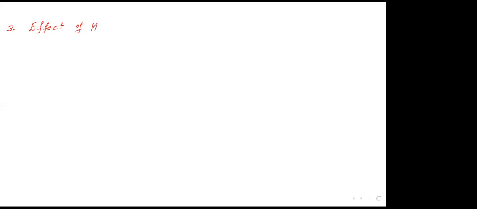Effect of humidity. What is the meaning of humidity? It means the presence of moisture in the air. What is the meaning of moist air? It is air mixed with water vapor.